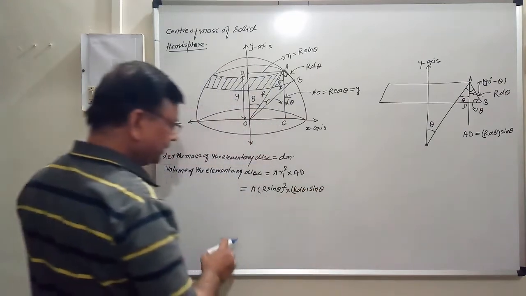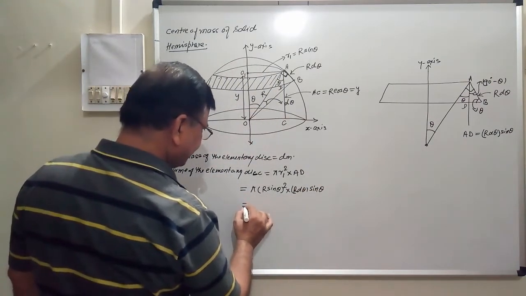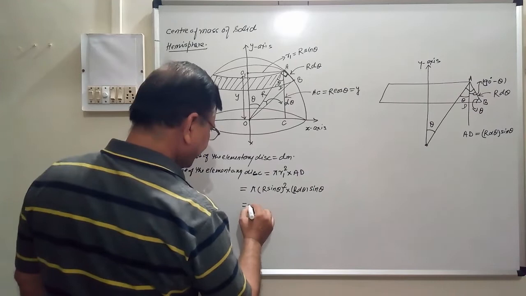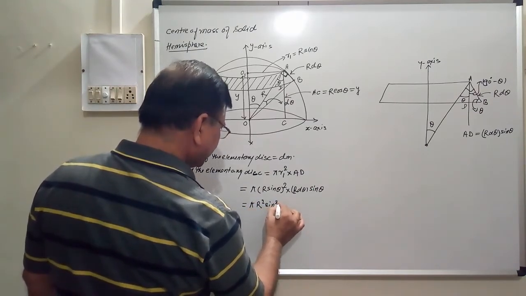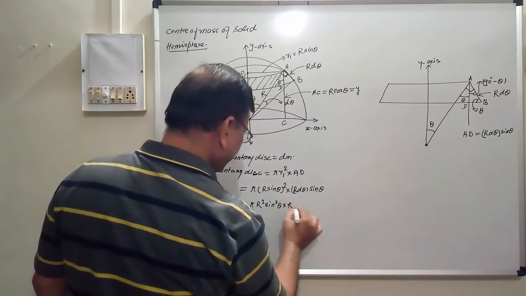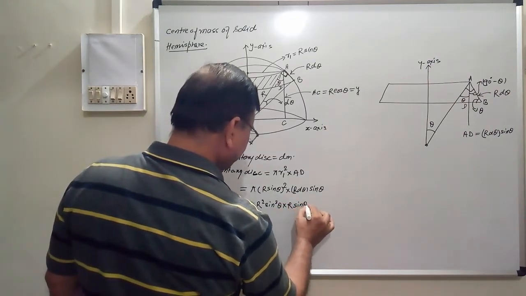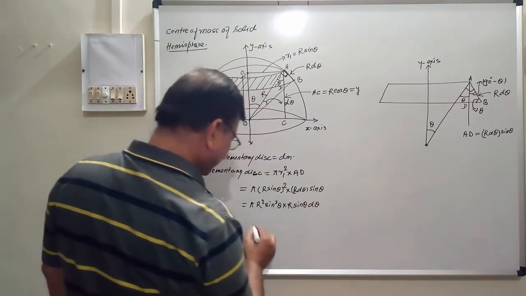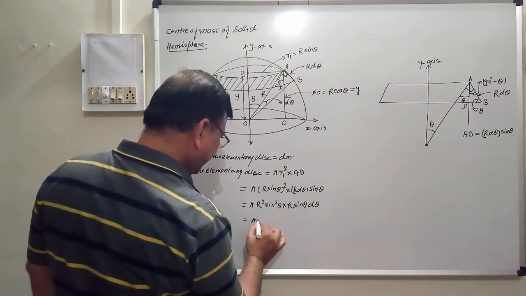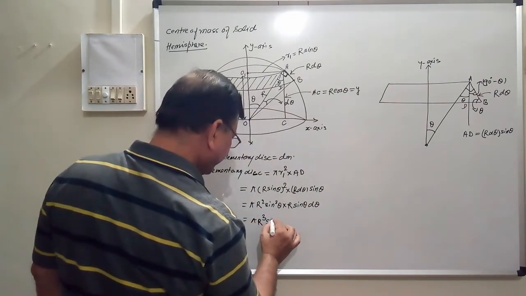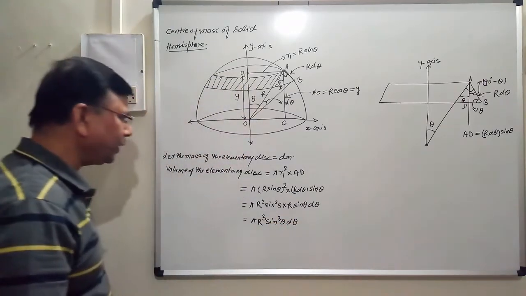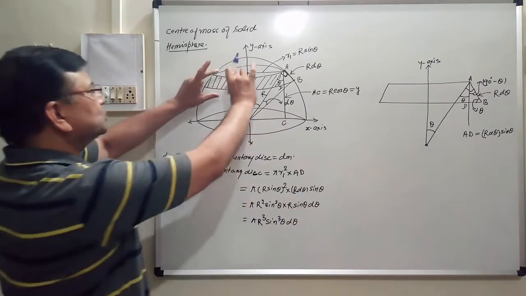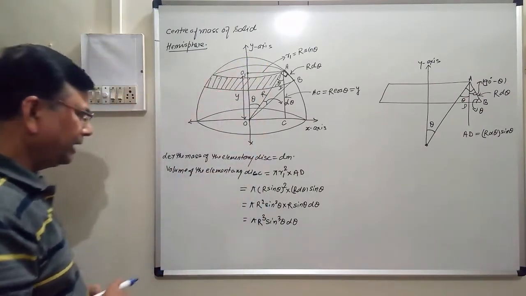This can further be simplified as pi r square sin square theta into r sin theta d theta, that is pi r cube sin cube theta d theta. This is the volume of the elementary disk.